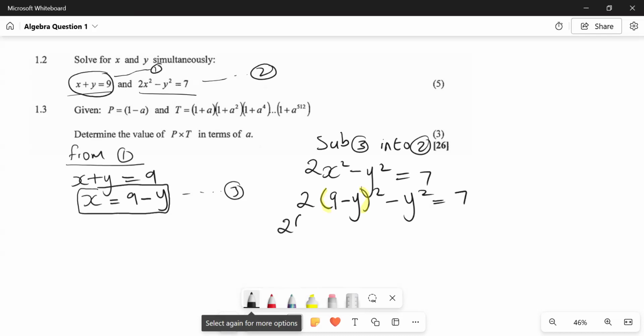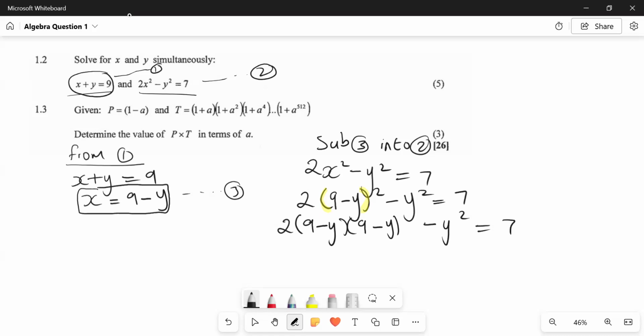And then from here, we have a 2, open two brackets, and then we apply the FOIL method, right? So we have a 9 minus y and 9 minus y, and then minus y squared equals 7.